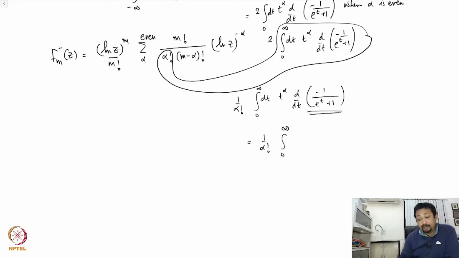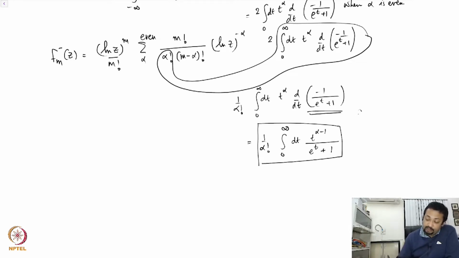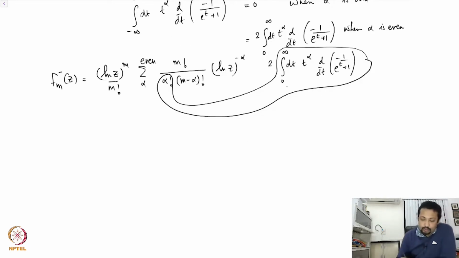I can integrate by parts again here, and it's going to be t to the power alpha minus 1 over e to the power t plus 1, so that you immediately realize that this function, if you recall, I had this as m minus 1 factorial, to give me 1 over alpha factorial, 0 to infinity dt t to the power alpha d/dt of minus 1 over e to the power t plus 1.